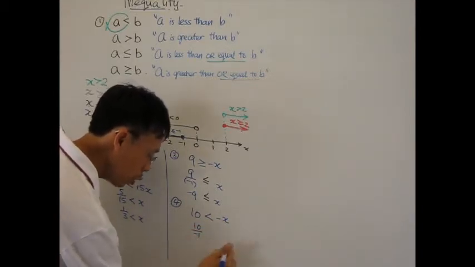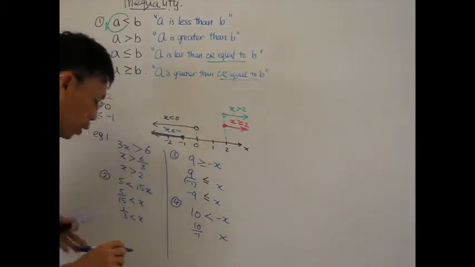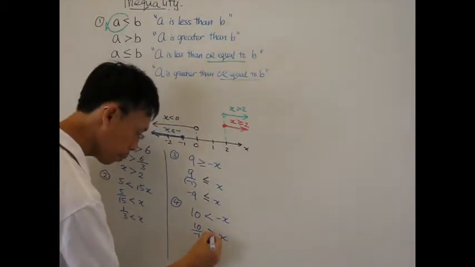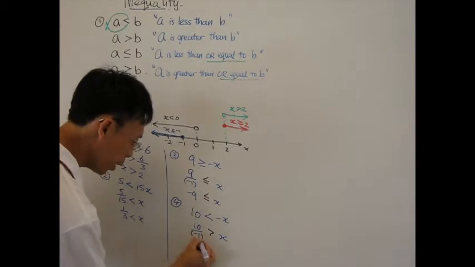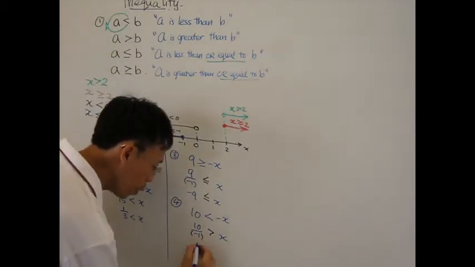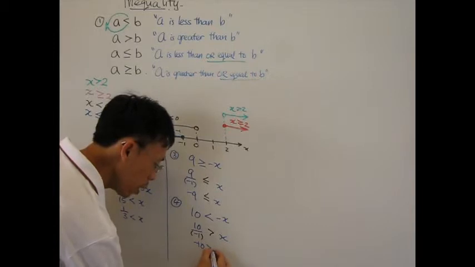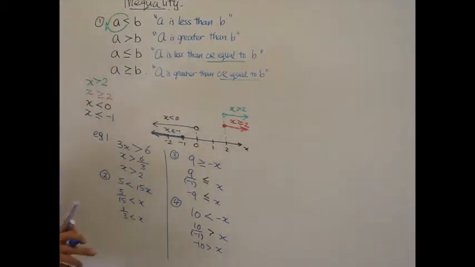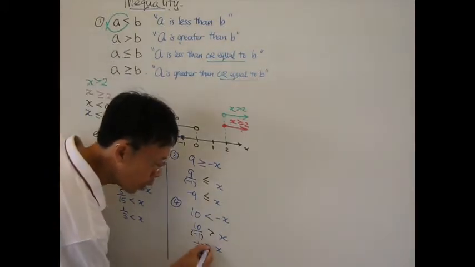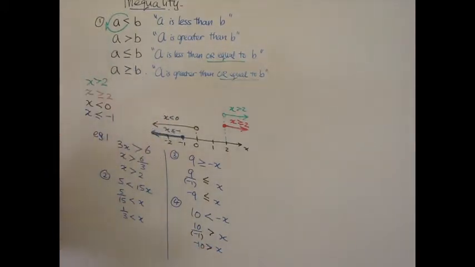So the sign changes into the other way around. This is a bracket here. So that becomes -10. X is smaller than -10. So the sign changes if you divide or multiply by a negative value.